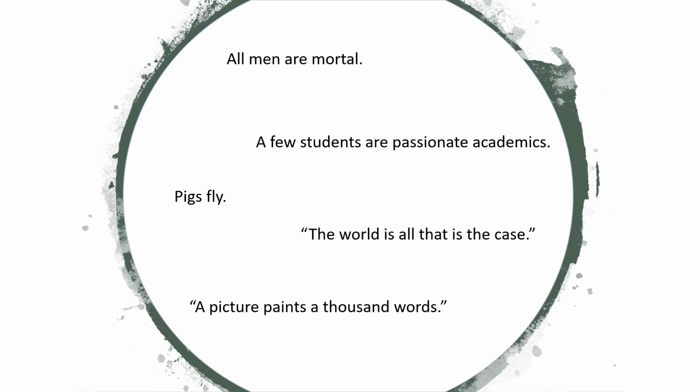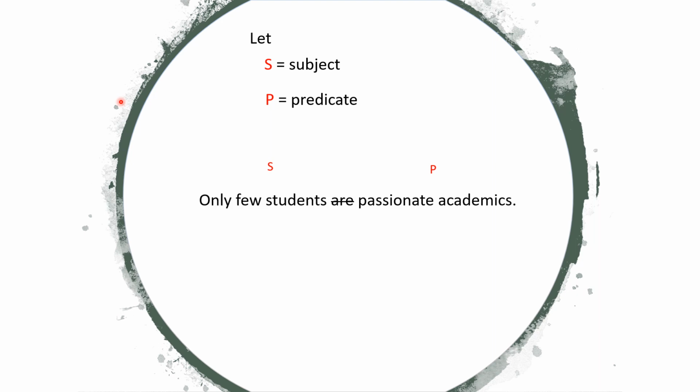Now let us further break these sentences into their basic components. For further breakdown, we use this legend of the terms subject and predicate. I placed here the copula, but where is it? Anyway, we'll get back to it. But we have here the subject and the predicate, and our old examples.